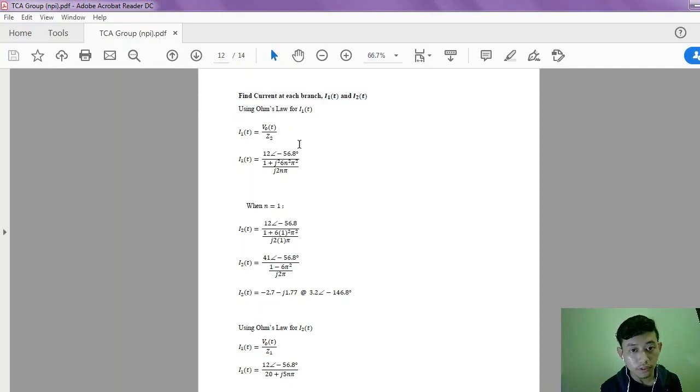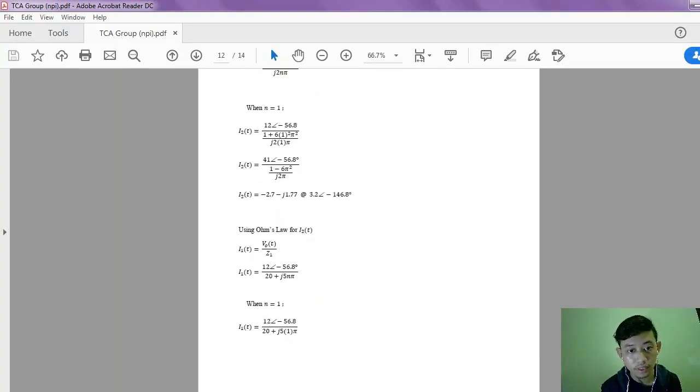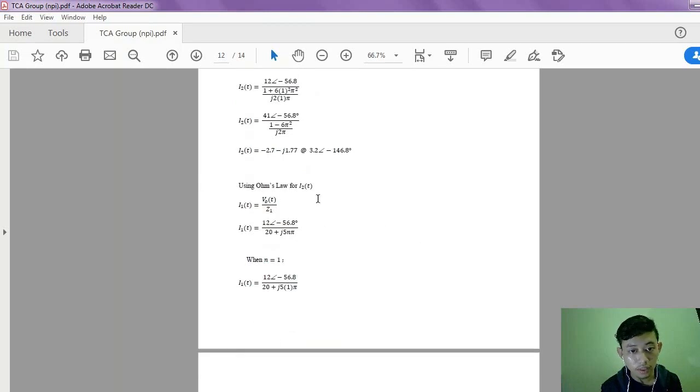So first we look for I1. This is the equation, and we just put the value, replace n equal to 1, and we simply get the answer. We'll do the same for I2.